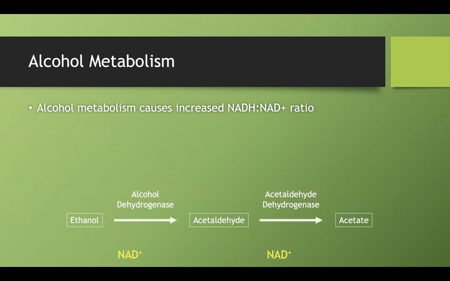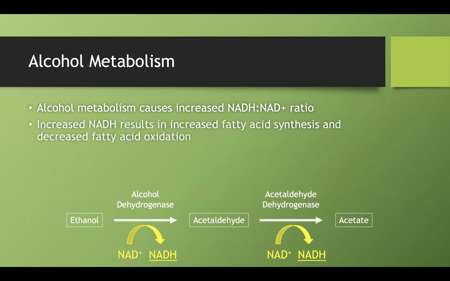In order to convert ethanol to acetaldehyde and to convert acetaldehyde to acetate, you need NAD plus to be converted to NADH. So notice through this process, we've already gained 2 NADH just with this one specific ethanol compound being metabolized. And so over time, all this extra NADH is going to increase your fatty acid synthesis.